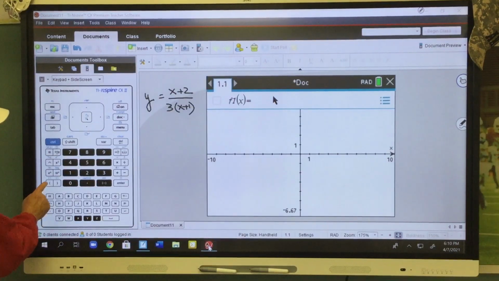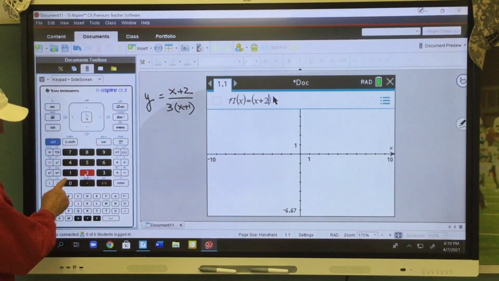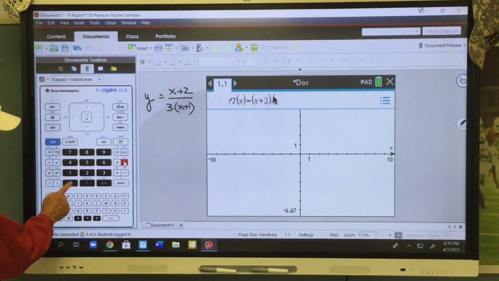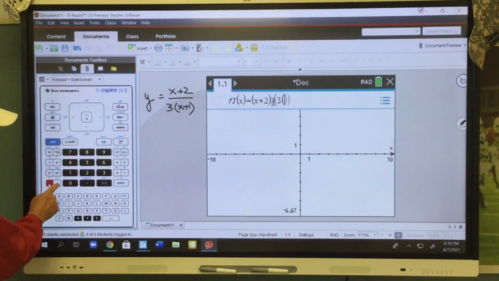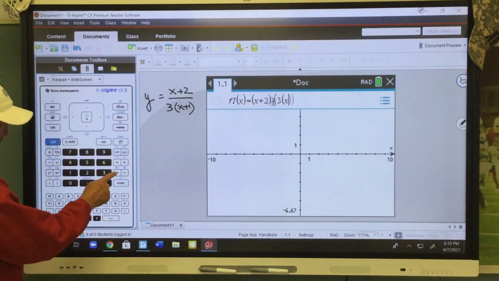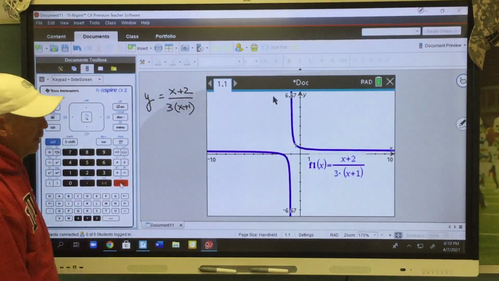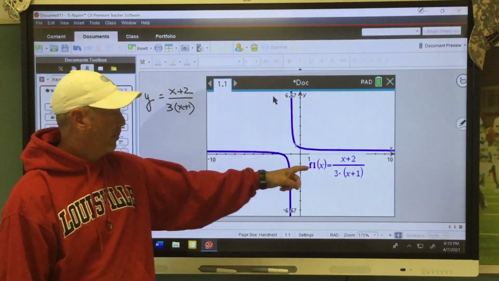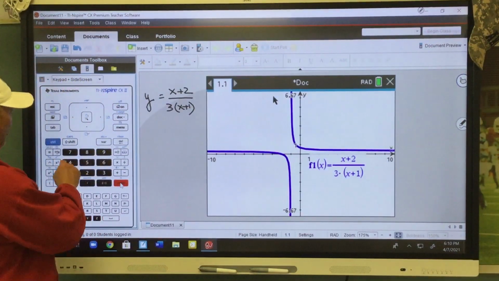So parentheses, x plus 2, close it, divide, parentheses, 3, another parentheses, x plus 1, enter. Now check your calculator to make sure it looks like what you have on your paper. All right, so now we go to Control T.